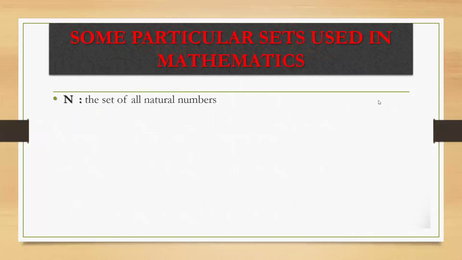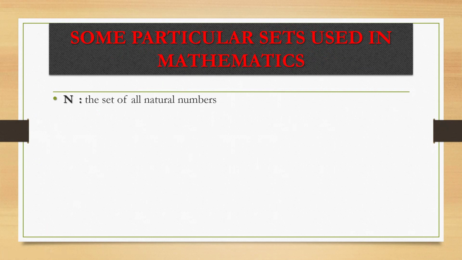Now, we will see some particular sets used in mathematics. So, the first one is this notation we are using, N, capital N, which is in bold. It represents the set of all natural numbers. What is meant by a natural number?